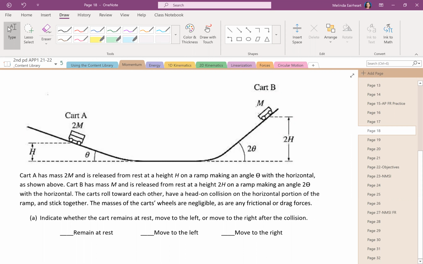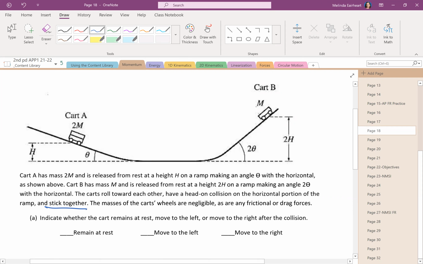It's released from rest from a height of 2h on a ramp that makes angle 2 theta with the horizontal. The carts roll towards each other and have a head-on collision on the horizontal portion of the ramp and stick together. Ooh, stick together.